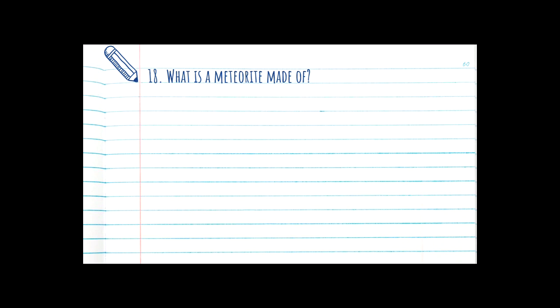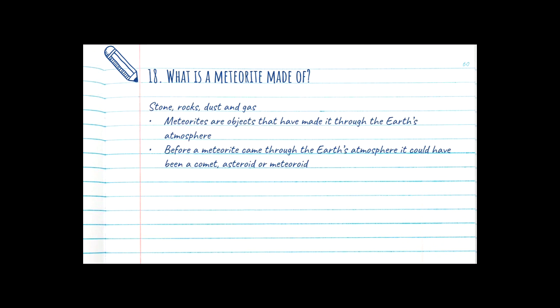So in that case, it would have been either a comet, a meteoroid, or an asteroid, right? Because then it would have traveled through and become a meteor, and then it would have been made into a meteorite. So using that logic, we can say that it has the same composition as your meteoroids, your asteroids, and your comets. The likelihood of having the dust and the gas and the frozen ice still there is very slim, right?